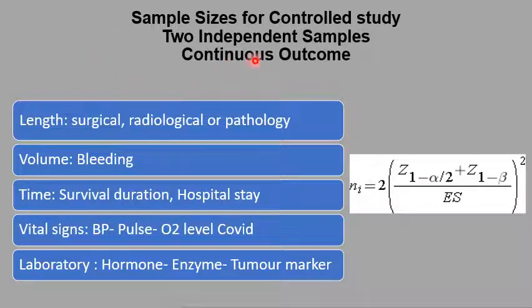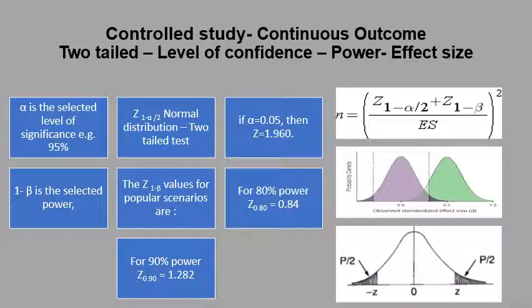They are all continuous data, and the formula is the same. This is one formula used for estimating the required sample size for a controlled study, continuous outcome, continuous data.